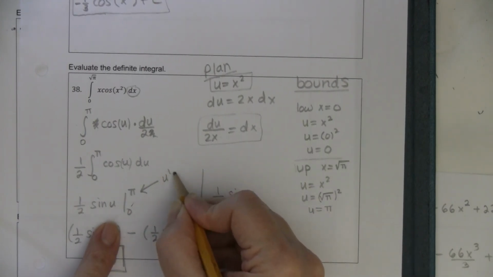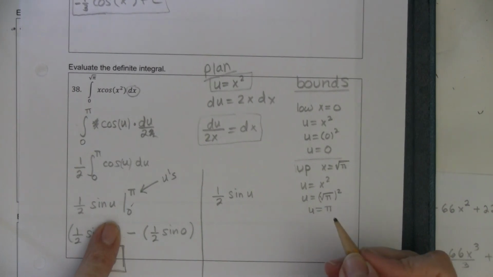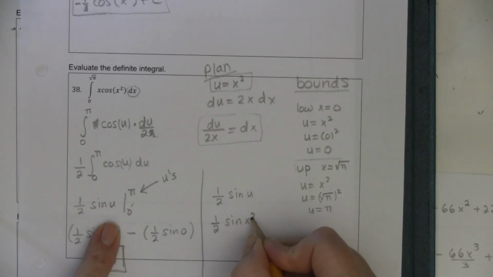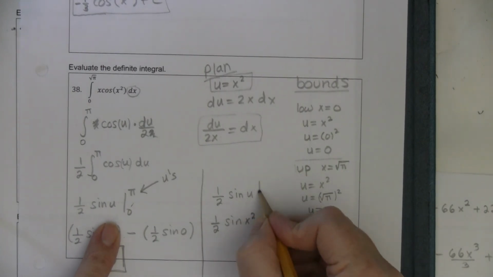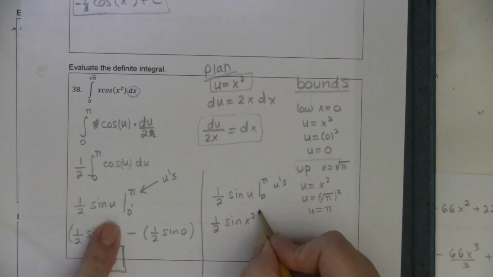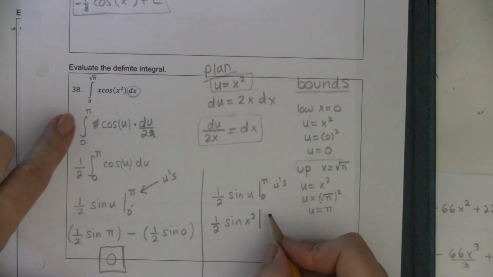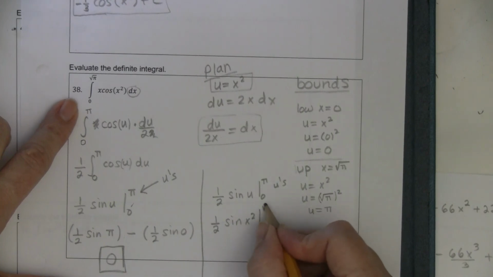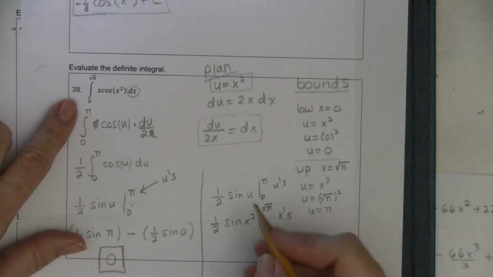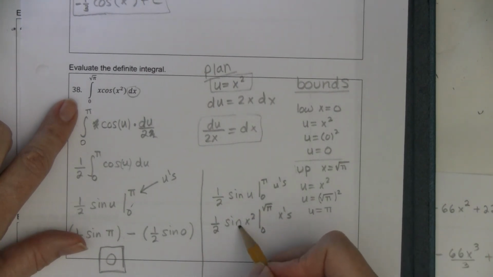And so if we want to go back to x's, that was sine of x squared. Well, instead of having u's here, you would have x's. And the x's were 0 to the square root of pi, right? So these are now x's because I went back to x's. These should give you the same answer.